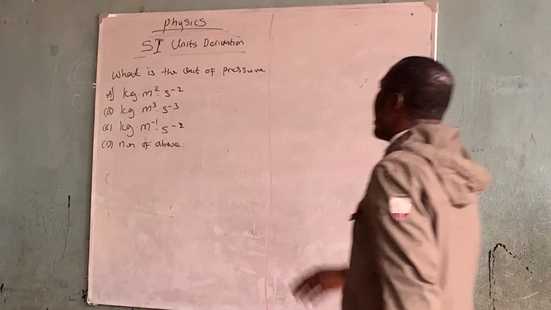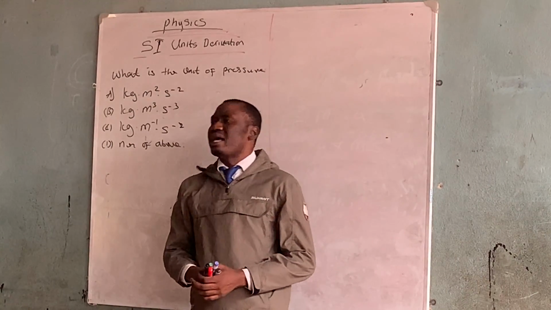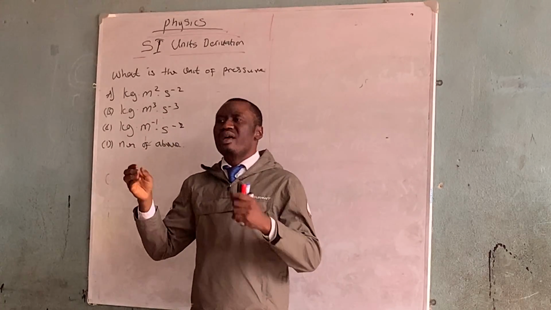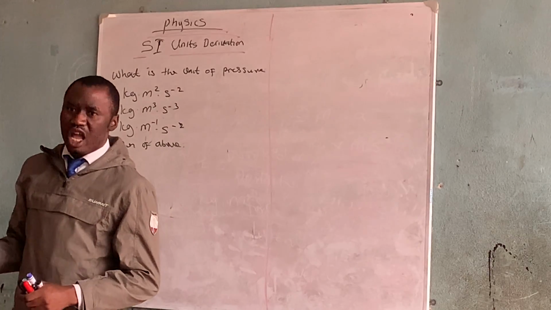We're looking at the SI unit derivation. Now, in this class, what we're going to be doing is learning how to derive the SI unit of a physical quantity. Are you following?